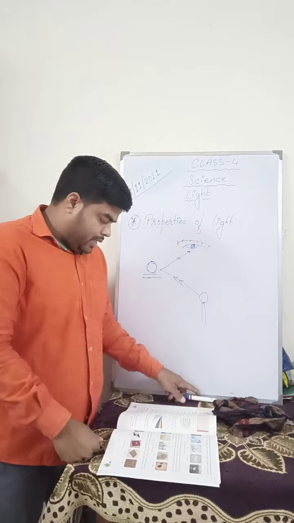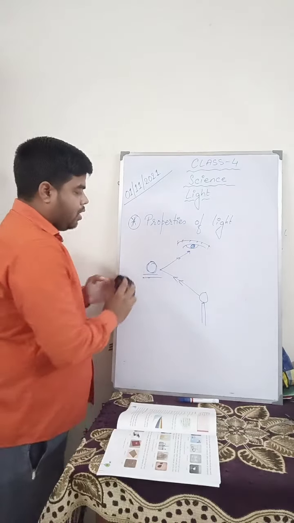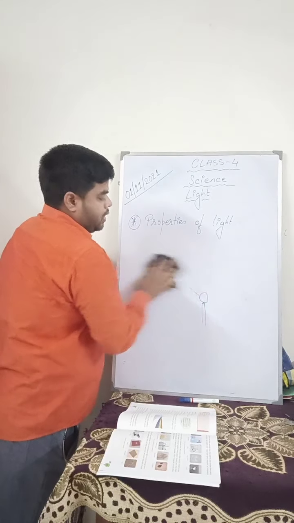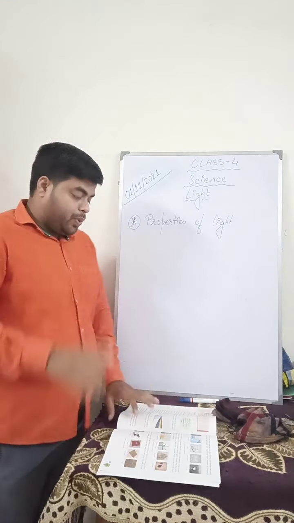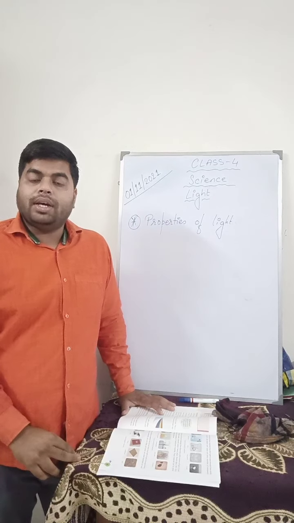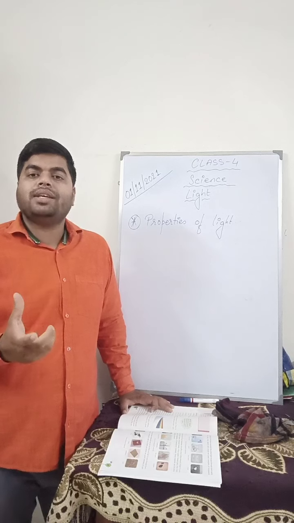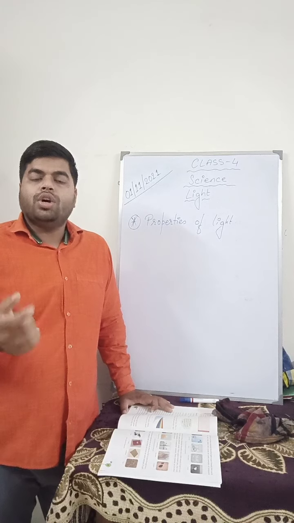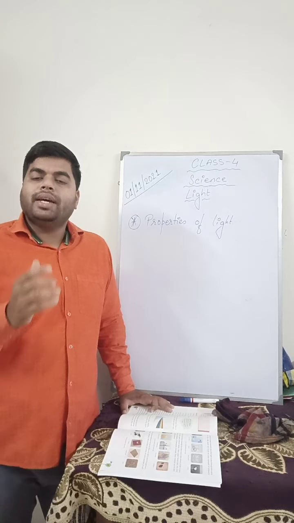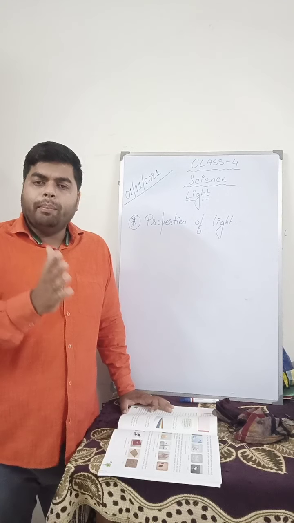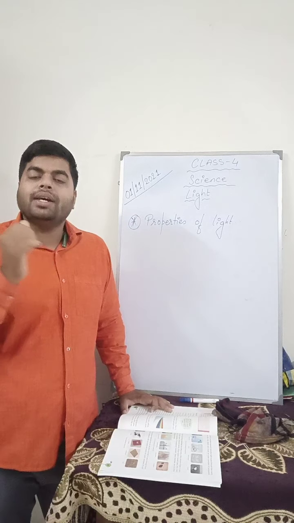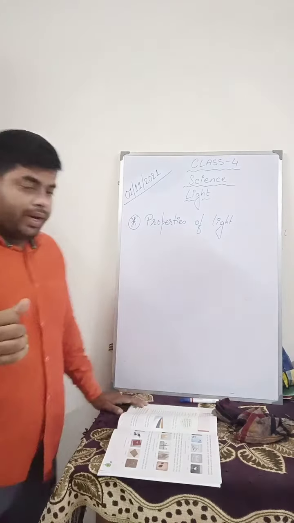The next point is that light can be refracted or bent. If you remember, the first point was that light travels in a straight path, and here they are saying light can be refracted or bent. There are some objects through which, when light passes, it tends to bend the rays of light a little bit.